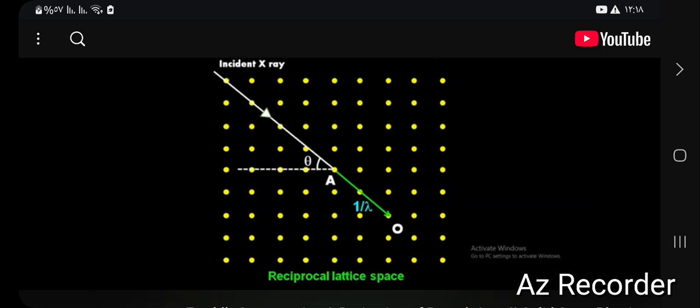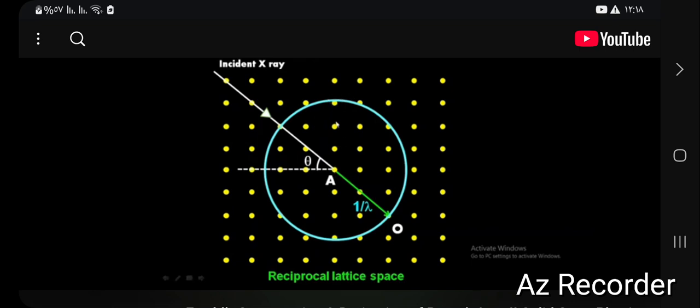If we consider this length AO, 1 by lambda, as a radius and draw a circle with radius AO, in 3 dimensions it is called Ewald's sphere. And this circle is touching this point.